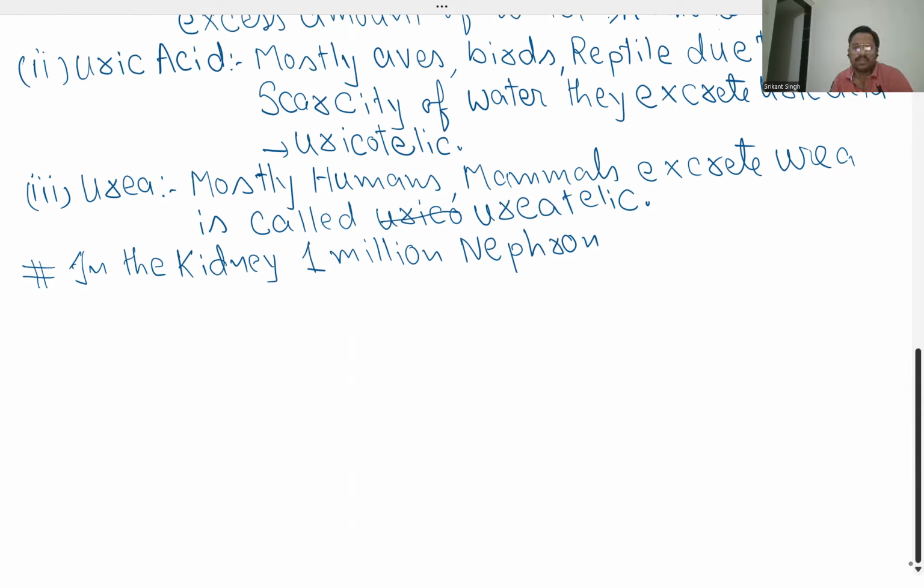In the kidney, 1 million nephrons means 10 lakh nephrons are present.